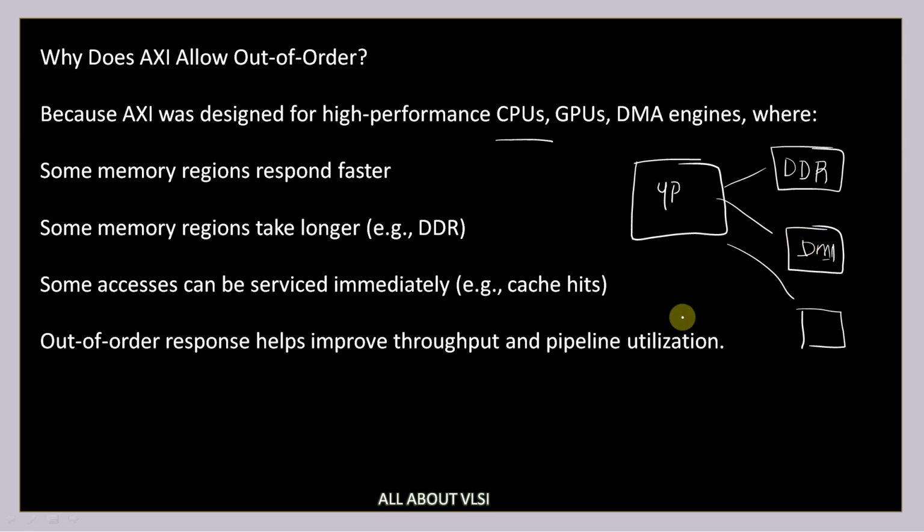Now this processor has issued a transaction: the first request to our DDR, the second to the second component, and the third to the third component. So the order was 1, 2, 3, but the responses we can get in any order using out of order transactions. The processor can take responses from 3, 2 and 1. There is no order at all. That is nothing but our out of order transactions.